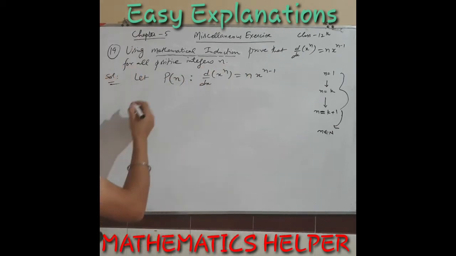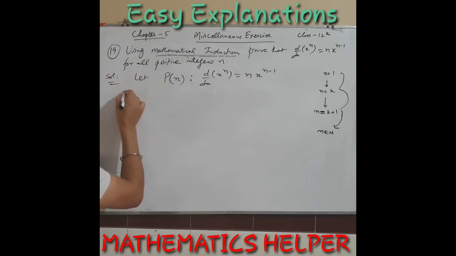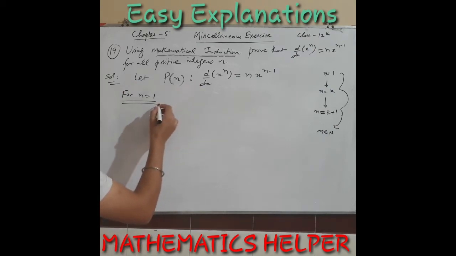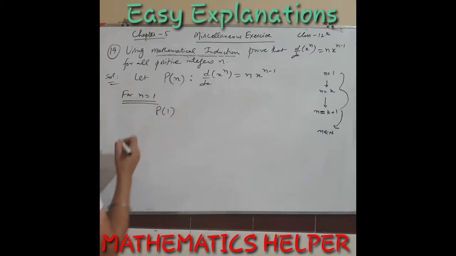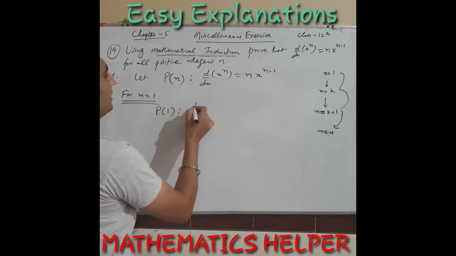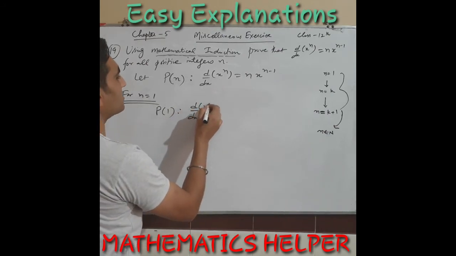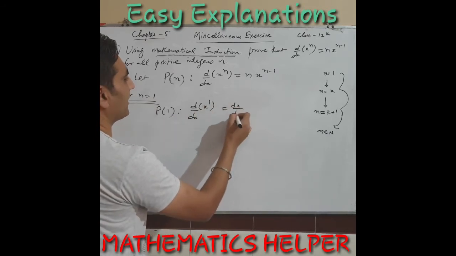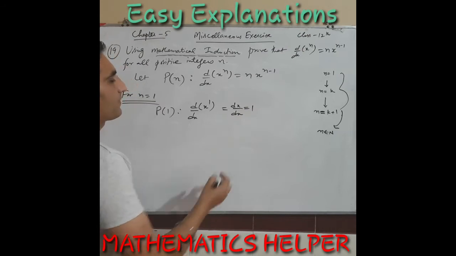So see how. Now for n equal to 1, we are going to write first P(1), meaning our statement for 1. First of all, d upon dx of x raised to power 1, which is the derivative with respect to x of x, will give 1.